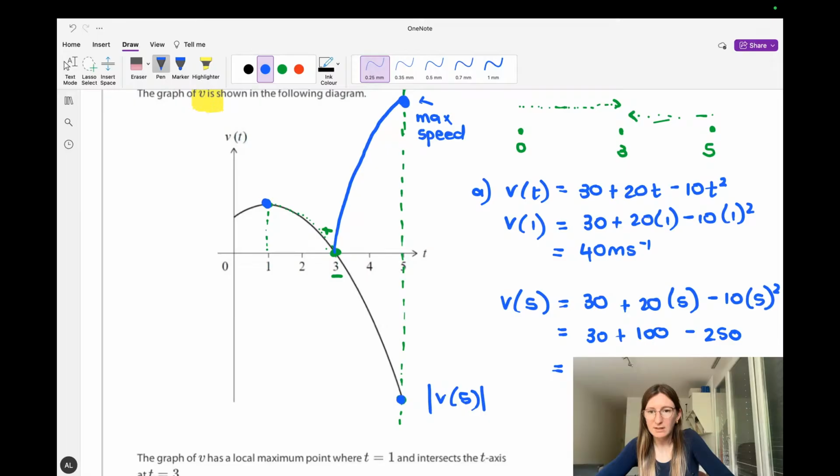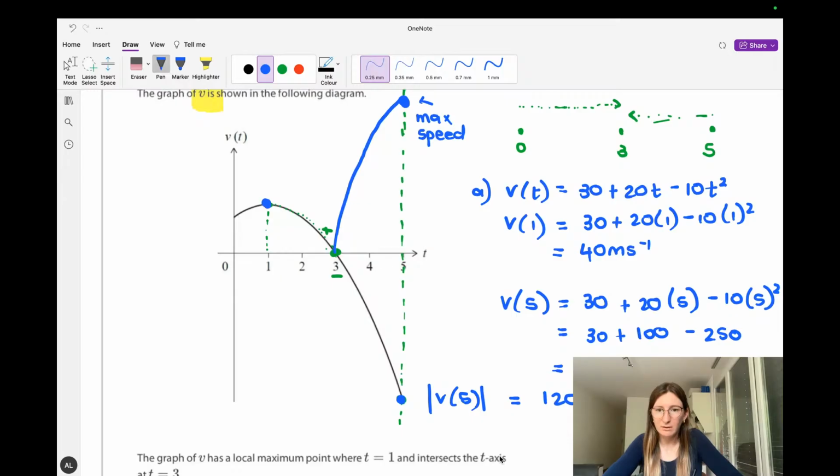So that gives us 130 minus 250. So that's minus 120, but we're absolute valuing it. So that equals 120 meters per second. So that's our maximum speed.